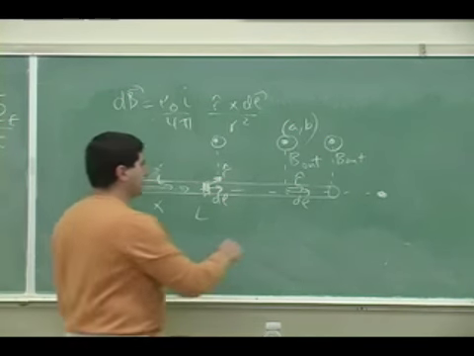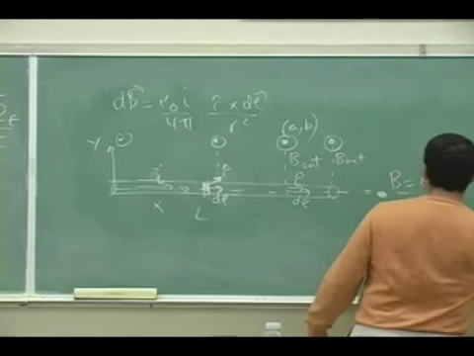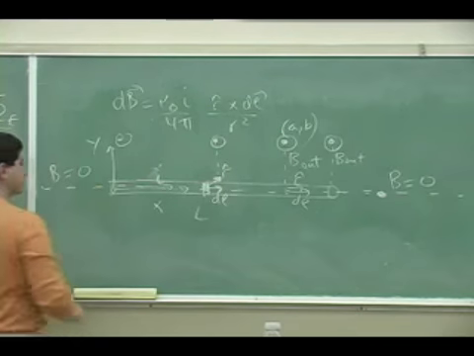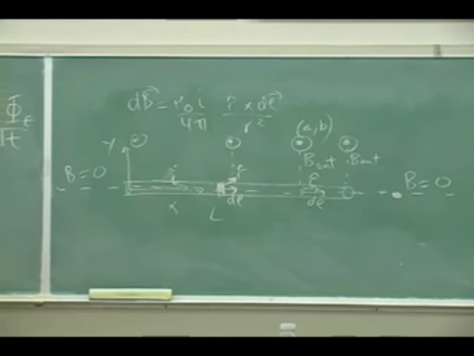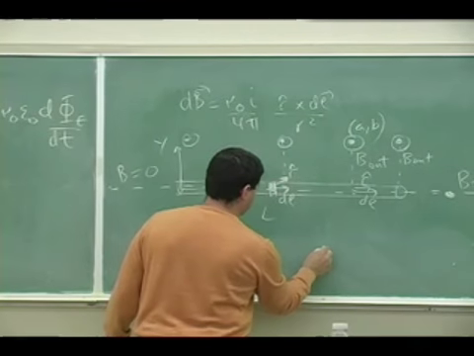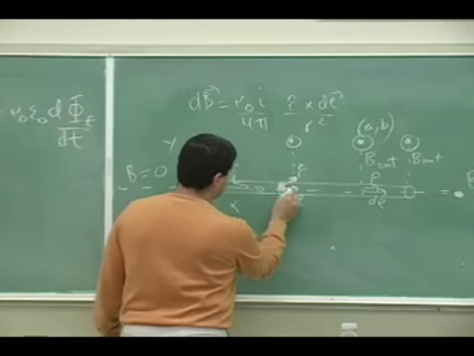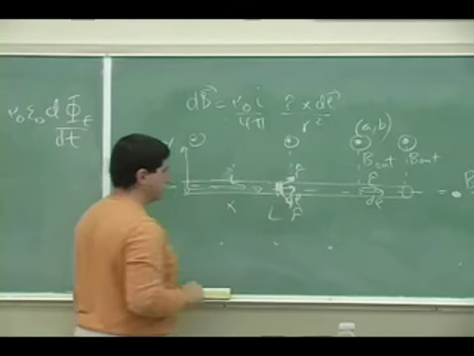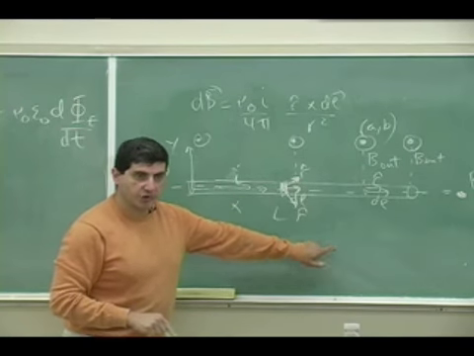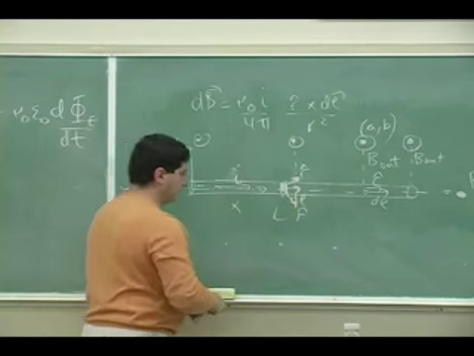So that means the magnetic field equals 0 along the wire this way, along the wire this way. How about the magnetic field down here, at any point here? So dl will be like that, and then r hat will be down, right? Because it's facing towards the point. So dl cross r hat is into the board.